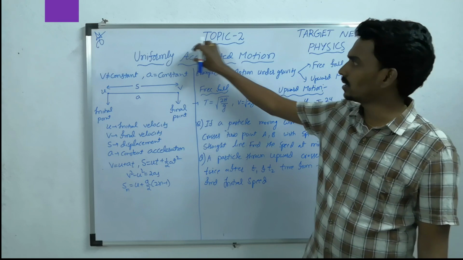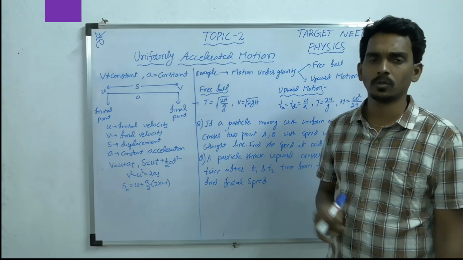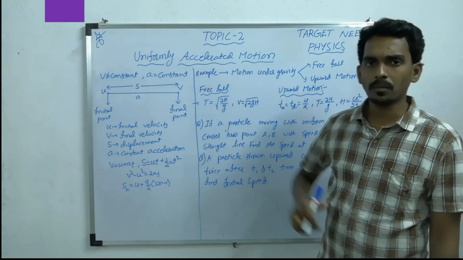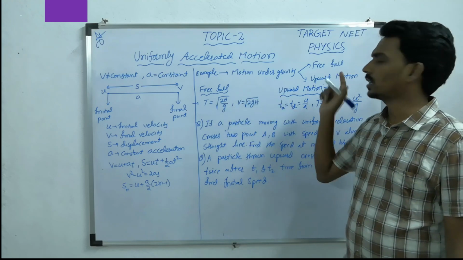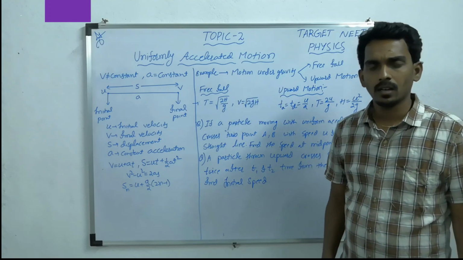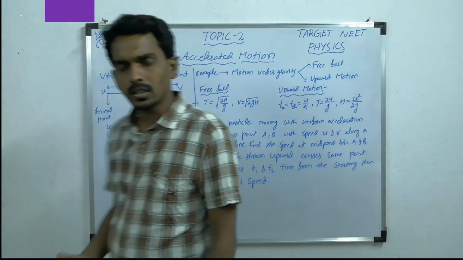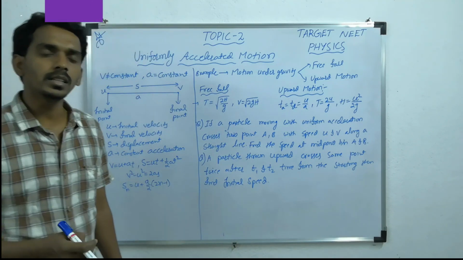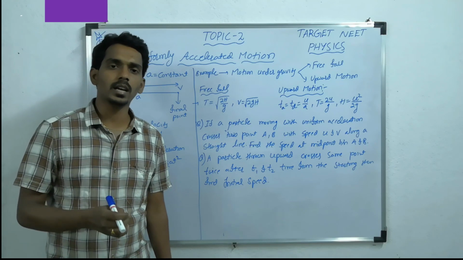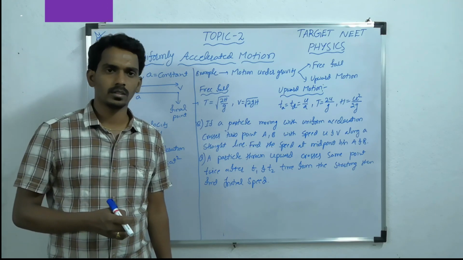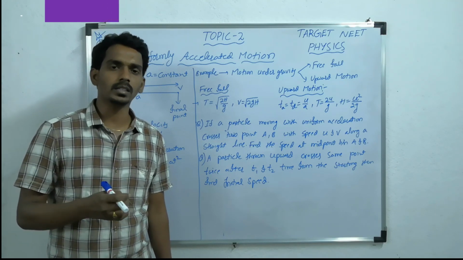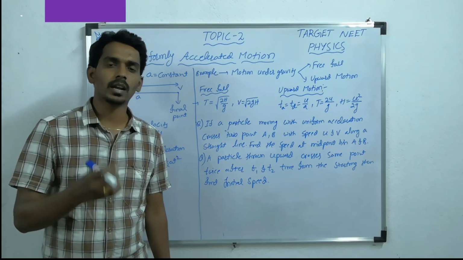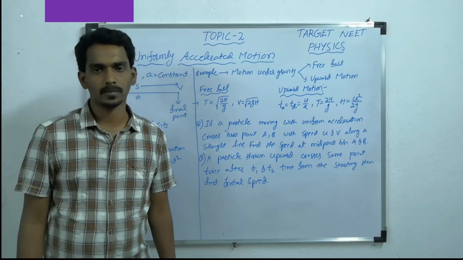Similarly, when you consider this uniformly accelerated motion, the best example for this one is motion under gravity. Motion under gravity means what? The motion of an object under the effect of gravitational force.